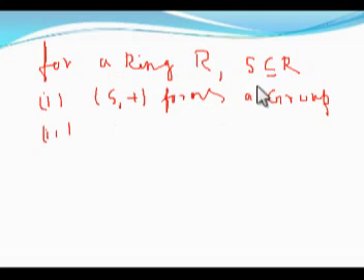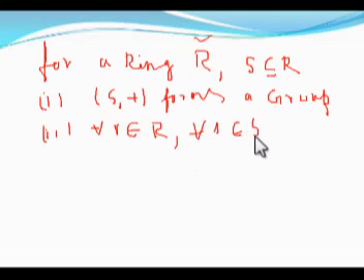Then S is called simply an ideal. Means for all r belonging to R and all s belonging to S, we have r multiplication s, this is the left ideal. Such elements must belong to the subset S.